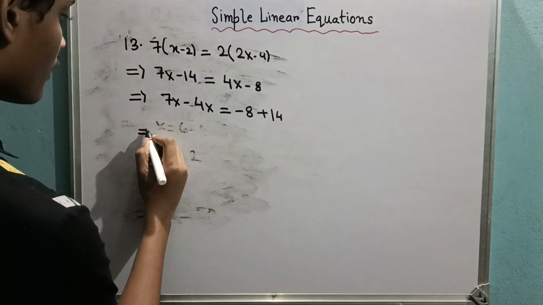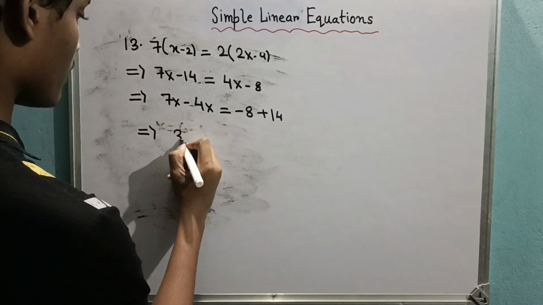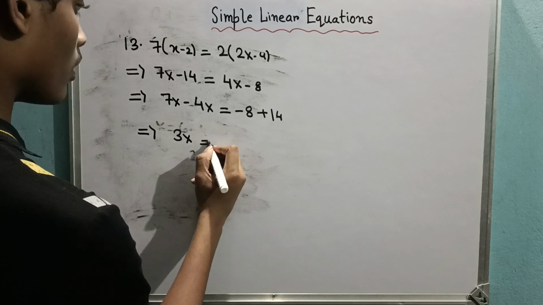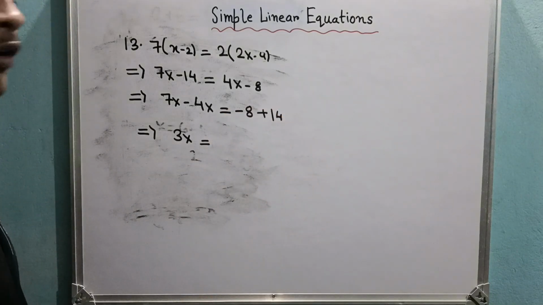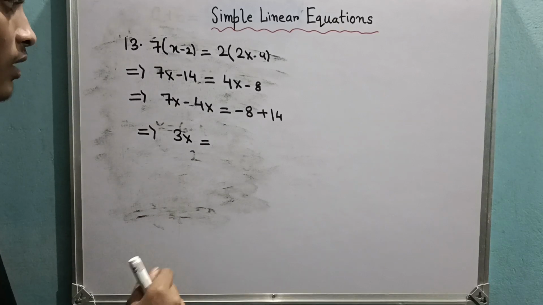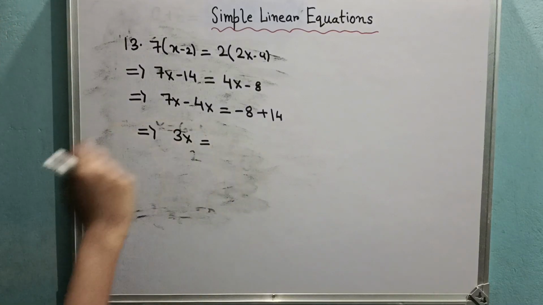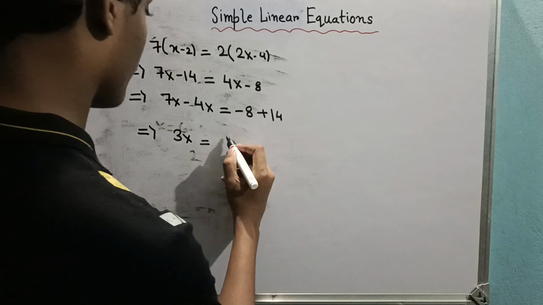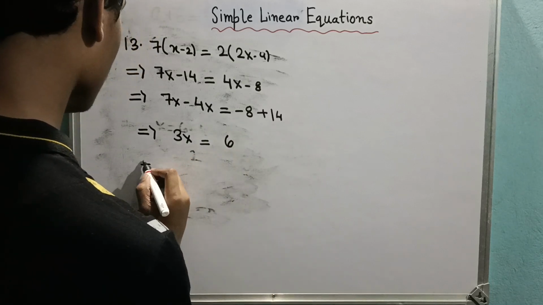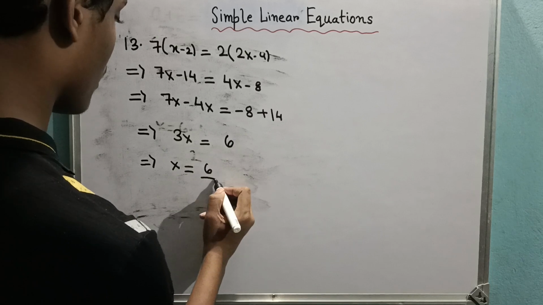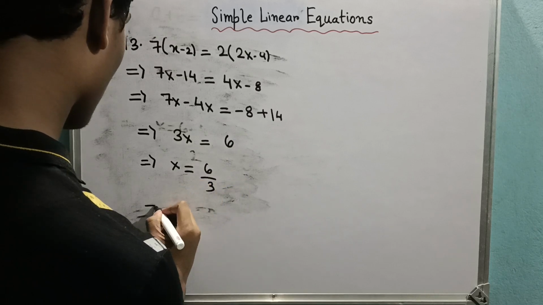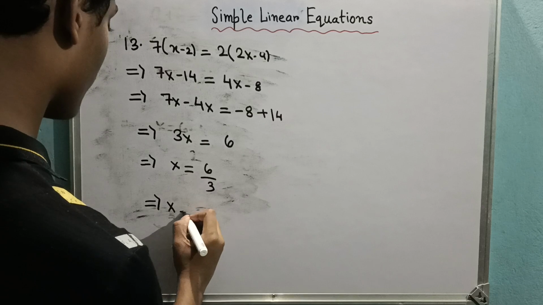So here 7x minus 4x, simply we can write 3x will be equal to minus 8 plus 14. It is actually 14 minus 8. That looks more easier to understand. So 14 minus 8 will be equal to 6. From here, easily we can see that x is equal to 6 by 3, or x is equal to 2.